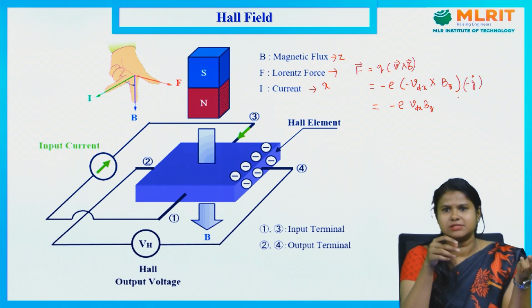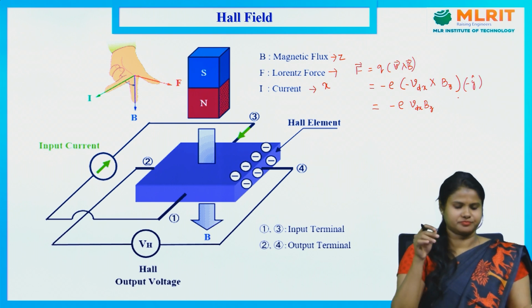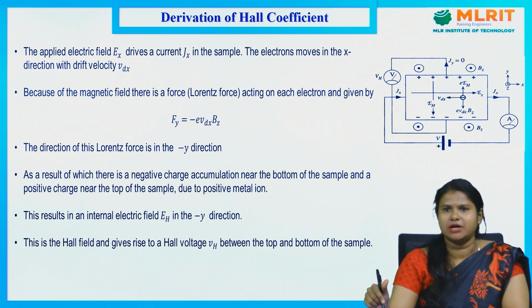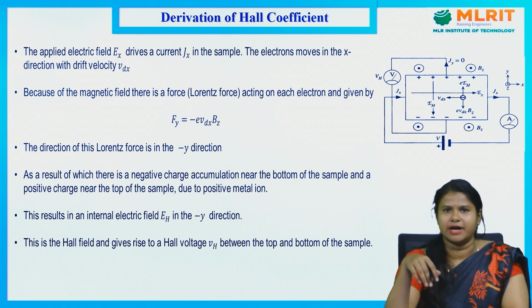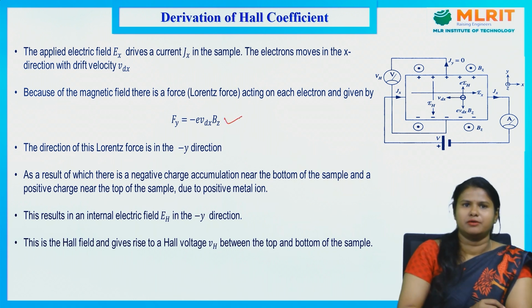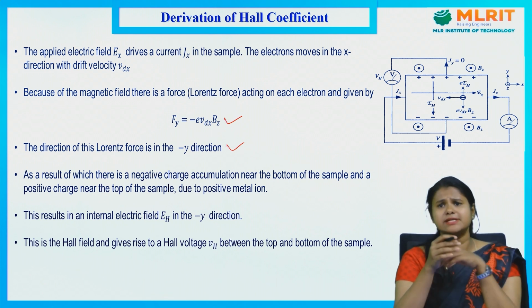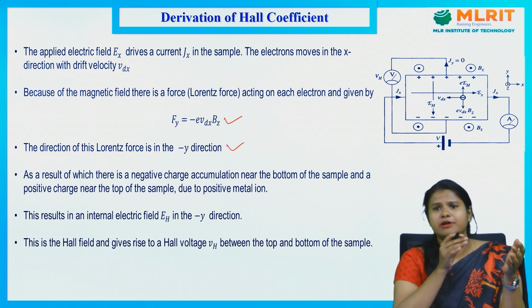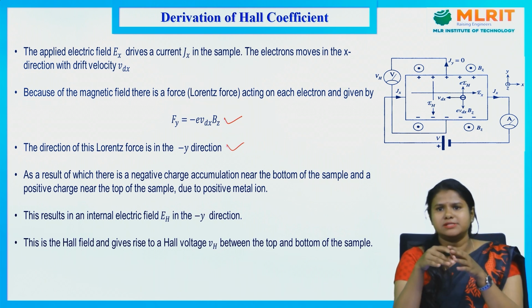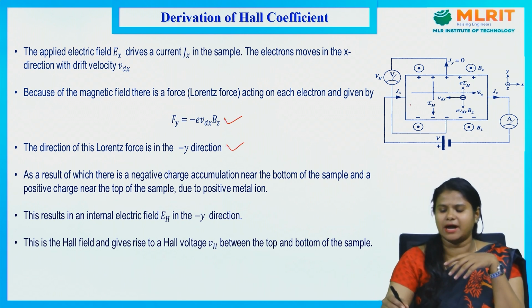Applying Fleming's left hand rule, using that rule, the direction of this Lorentz force will be along the negative y-axis. As a result of this Lorentz force, all the electrons will be driven towards the bottom part of this semiconductor or metal. So all the negative charges will accumulate at the bottom.